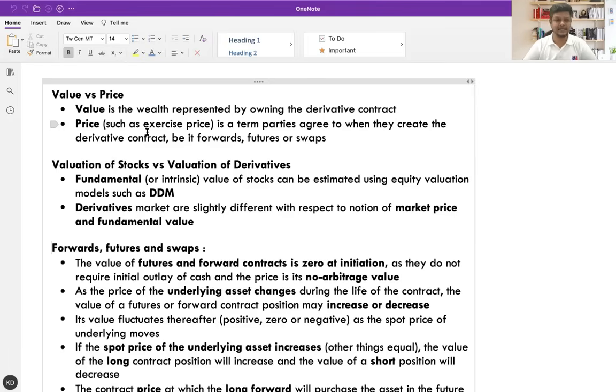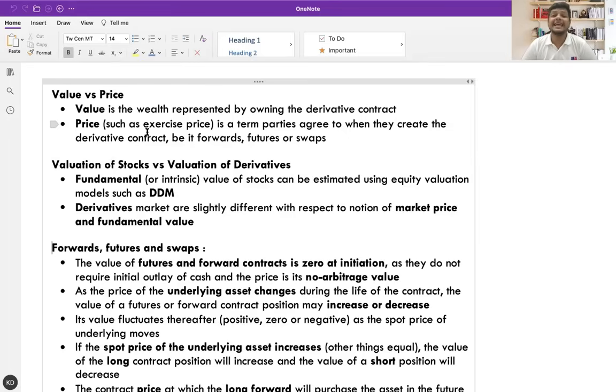Yes, because we both enter into a price, right? Is there any value at the initiation for either the long or short? No. None of us create any value. But later on, as the pricing of the underlying asset will change, the derivative pricing will also change, and either me or you will gain or lose something, right? So there will be gains or loss, and let's focus on the long side.